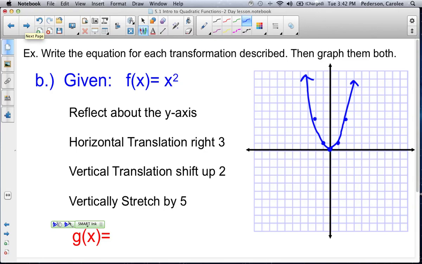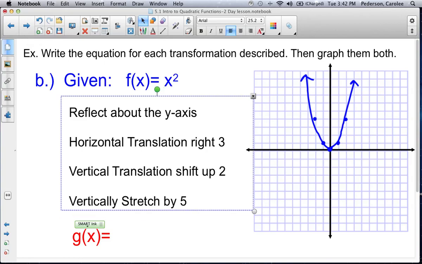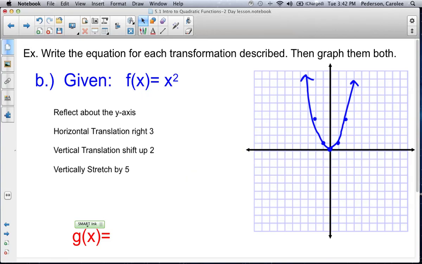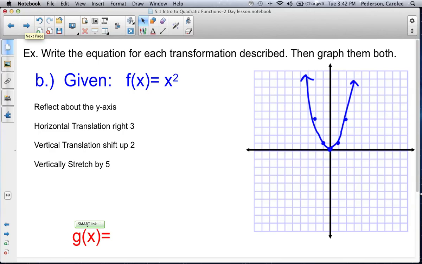All right, and then what we have to do is write the equation for this new function with the 4 transformations. All right, let's take care of the first transformation. We want to reflect it about the y-axis.